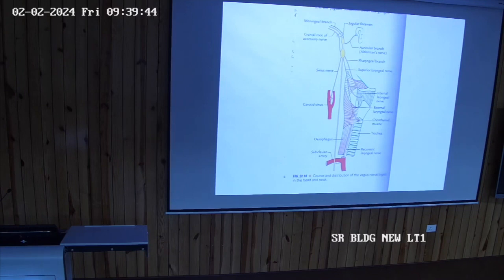That is tensor veli palatini, which is supplied by the mandibular division of the trigeminal nerve, which comes along the nerve of the medial pterygoid. After this, from the inferior ganglion, one more branch comes, supplying the carotid sinus.